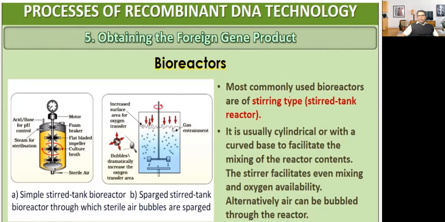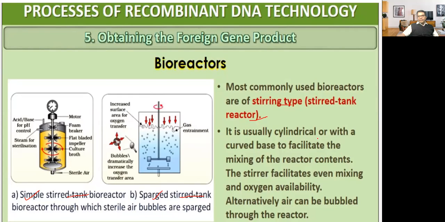Most commonly used bioreactors are stirred tank reactors. So they are what? Stirred tank bioreactors. These stirred tank bioreactors are of two types, simple and sparged. Simple stirred tank bioreactor and sparged stirred tank bioreactor.